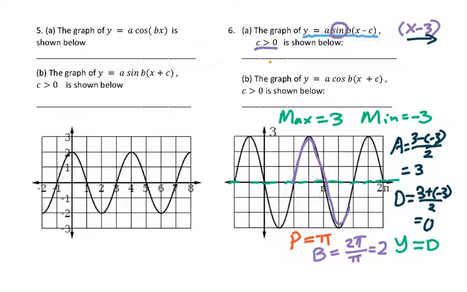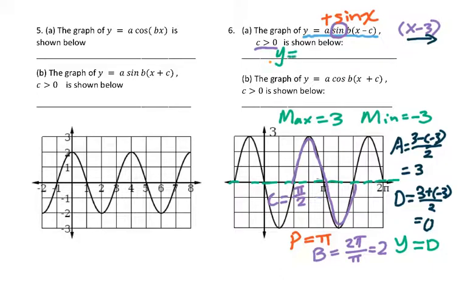This is the one you're drawing. The starting point will be pi over 2. That's C equals pi over 2. And we know this pattern is a positive sine x. Now we can write down that sine function.